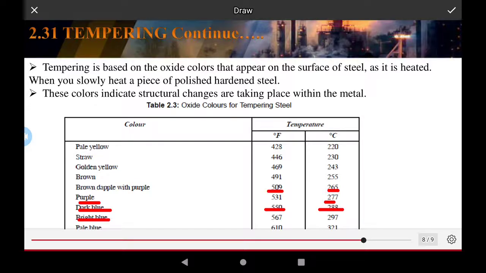Bright blue at 567 Fahrenheit and 297 degrees Celsius. Pure blue at 610 Fahrenheit and 321 degrees Celsius.